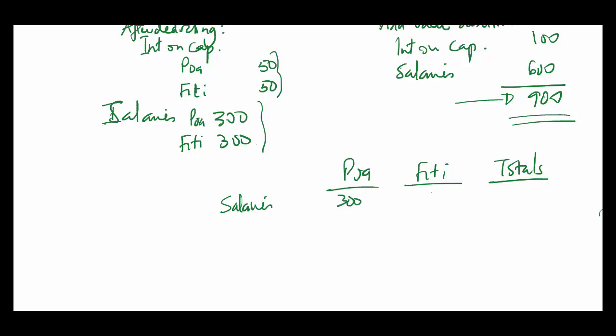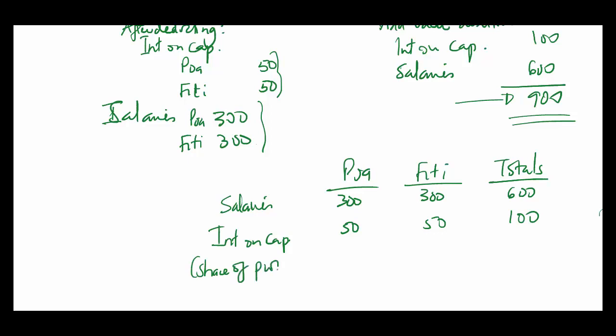Poa got 300, Fiti got 300, to give you a total of 600. Then you have interests on capital, which was 50, 50, to give you 100. So now we see that the share of profit will always be the balancing figure.